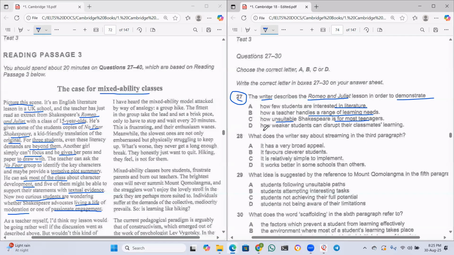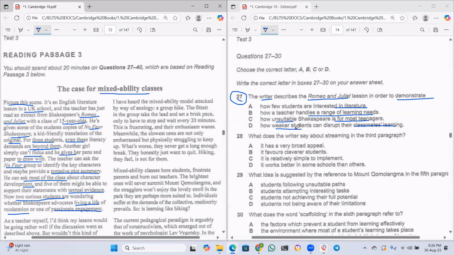How weaker students can disrupt their classmates' learning. Now see this, guys. Now, first one, how few students are interested in literature. Here, for three students, even these literacy demands are beyond them. So teacher gave these books to the students, right?